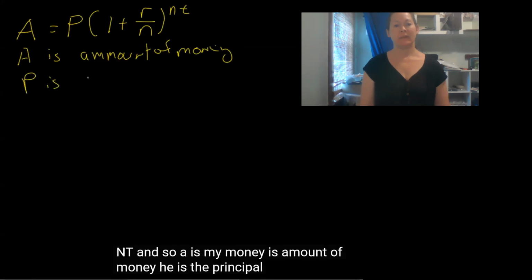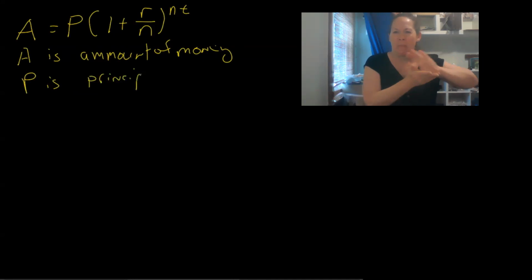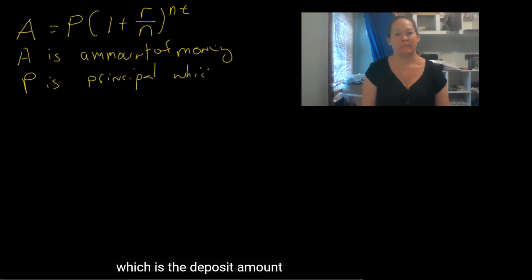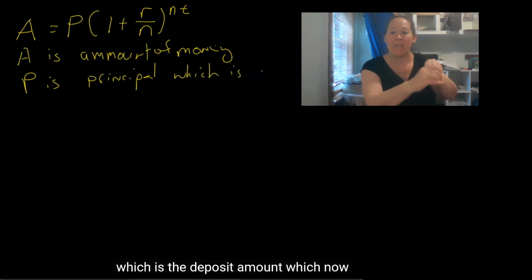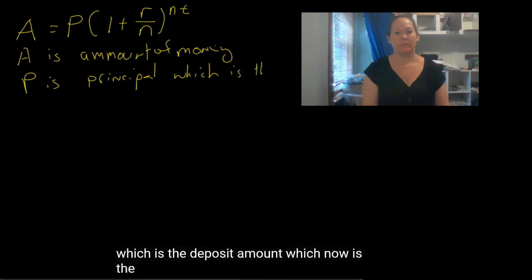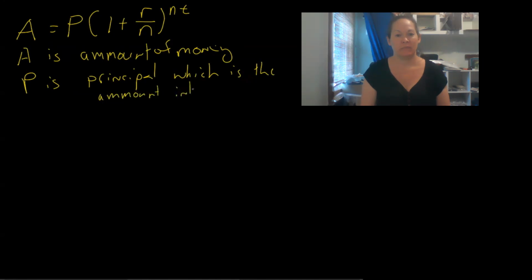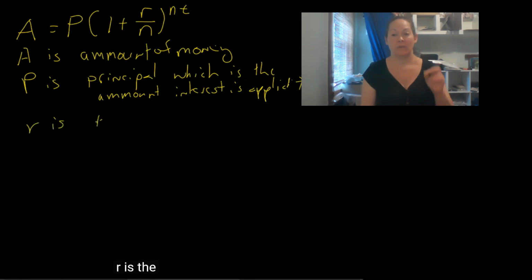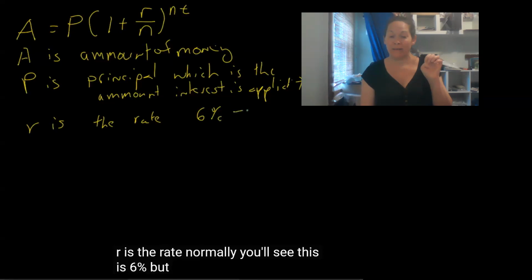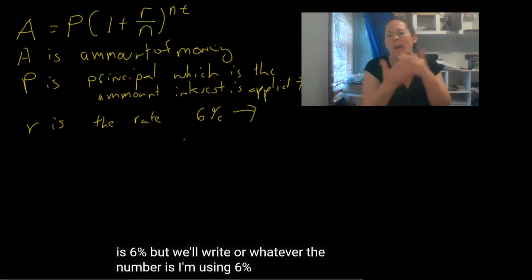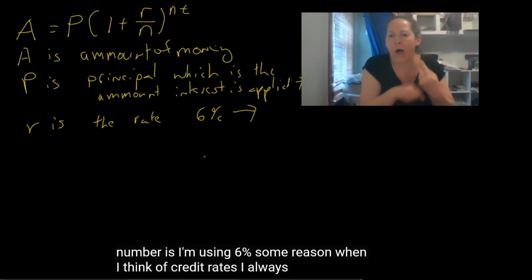P is the principal, which is the deposited amount, which is the amount interest is applied on. r is the rate. Normally you'll see this as 6%, or whatever the number is. I'm using 6%. For some reason when I think of credit rates, I always think of 6%.